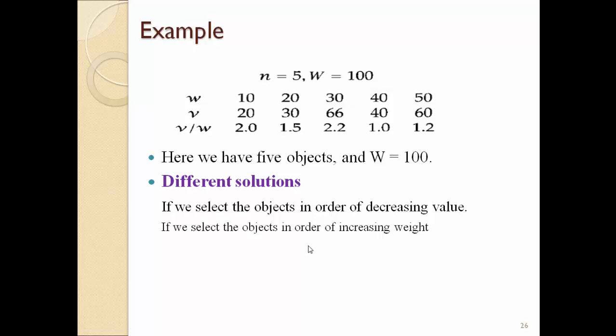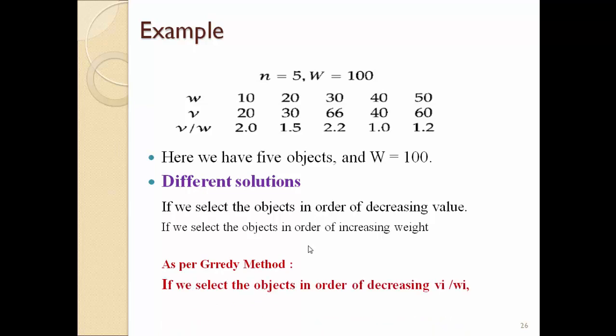Now the third option, that is our greedy method, and the greedy method says that we select the objects in order of decreasing Vi divided by Wi. So this is nothing but the ratio of Vi divided by Wi, that is our value and weight.